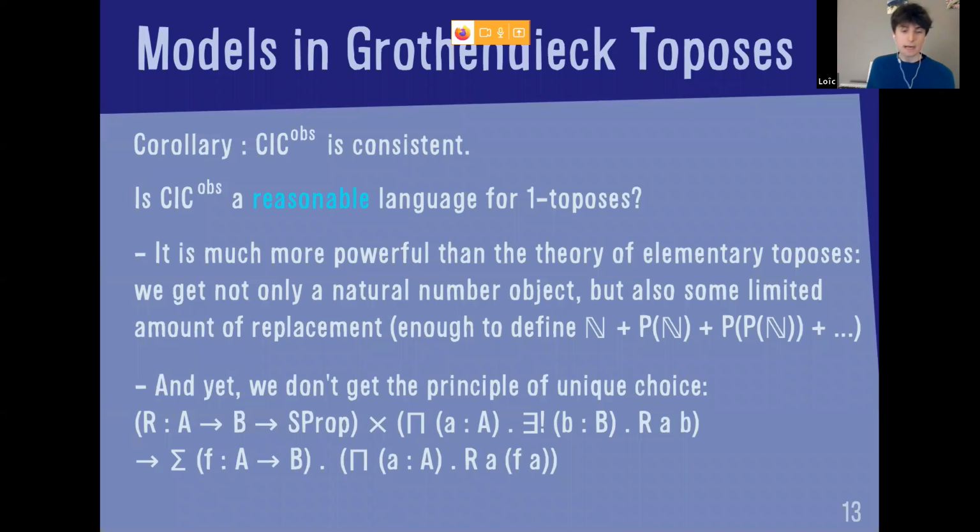However, if we postulate the version with the sigma type, then we will not get proper computation principles. So it's a bit of an in-between the theory of elementary toposes and, say, a full language for Grothendieck toposes.